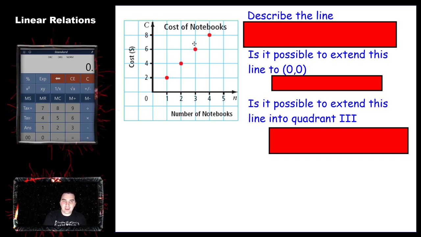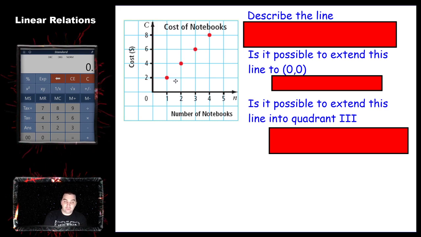Well, we could say that it starts at 1 and 2. So the cost of one single notebook is $2. It's definitely discrete data because you're not going to buy 1/2 of a notebook or 1 1/2 or 2 1/2. You have to have exact values.